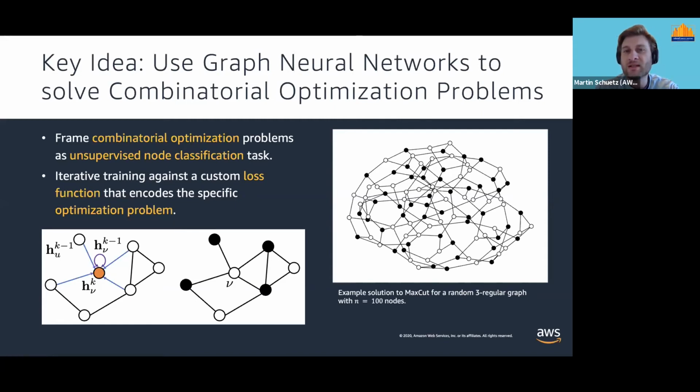We take the concept of a combinatorial Hamiltonian, a QUBO Hamiltonian, and translate that in a one-to-one mapping to a custom loss function, with which we can then train the weights and update the representation of the graph neural network.